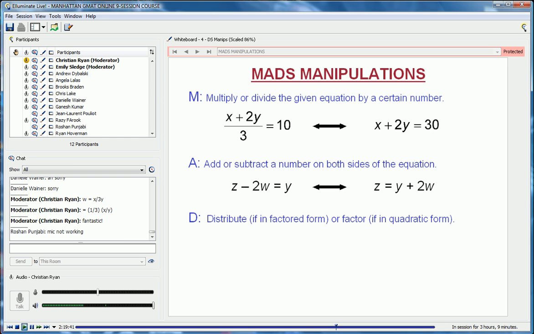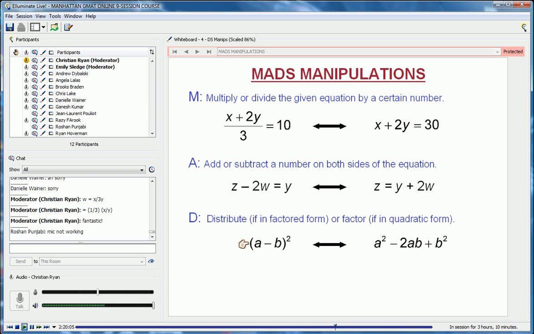So if you've got something that's distributed, and the distributed form is over here, I'm sorry, this is the distributed form, but the way to get there is to distribute a minus b squared. And you can write that as a minus b times a minus b and FOIL it out, as we talked about last week.